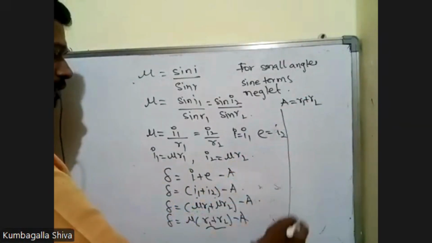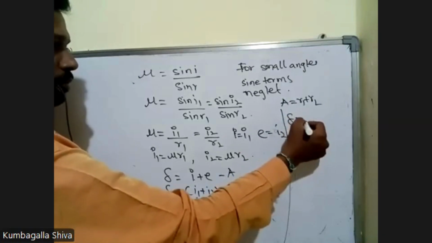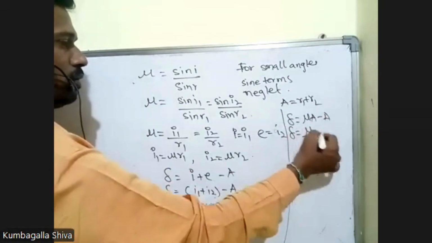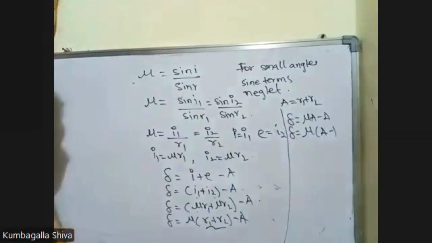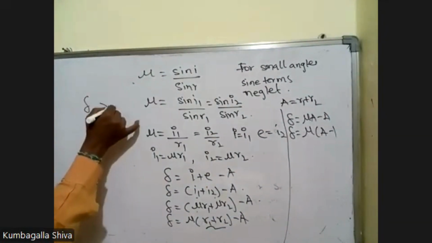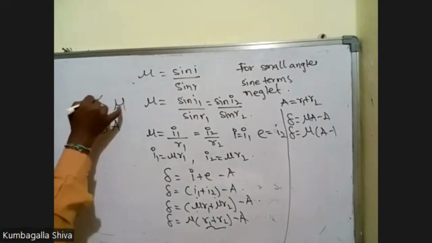So delta is equal to mu times A minus A, that is delta is equal to (mu minus 1) A. Means the deviation depends upon the refractive index and is directly proportional to the angle of the prism.